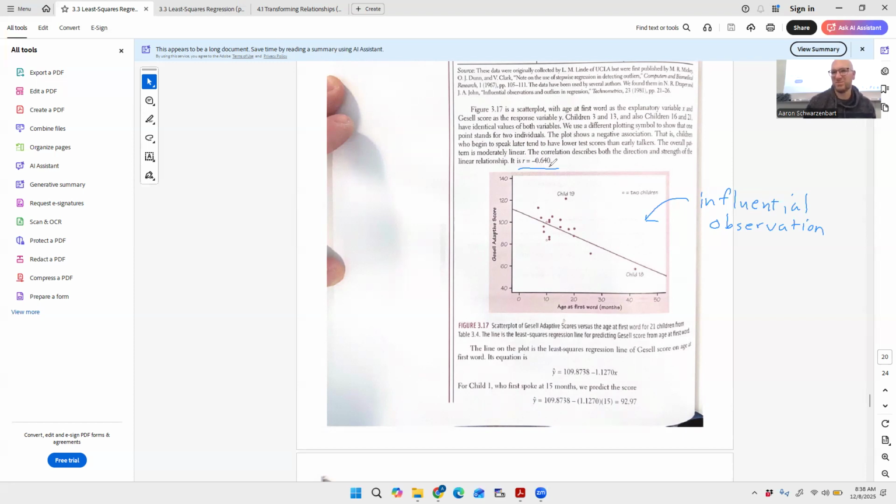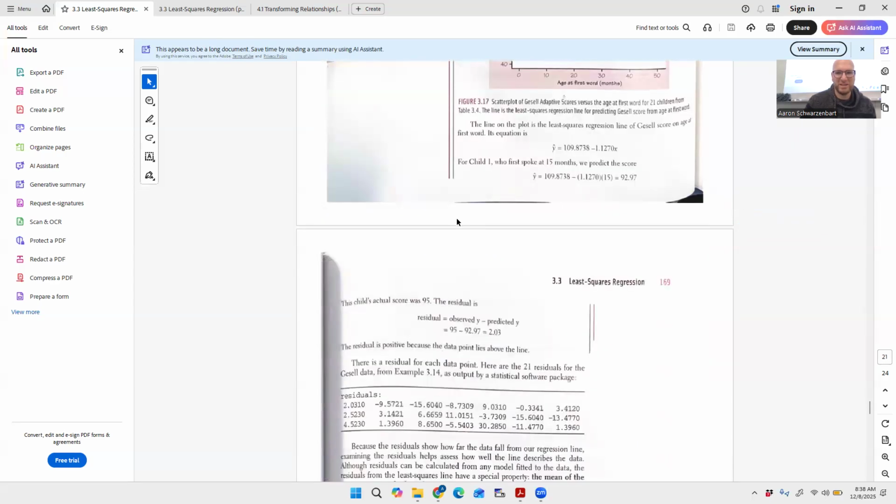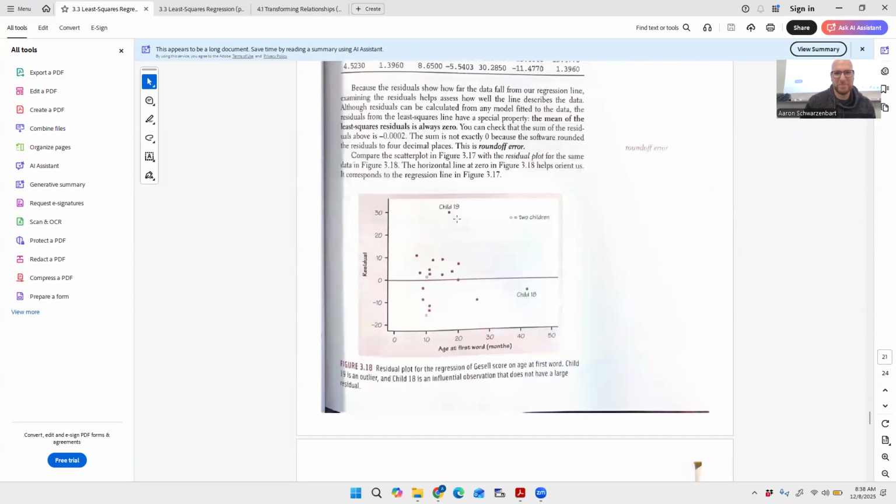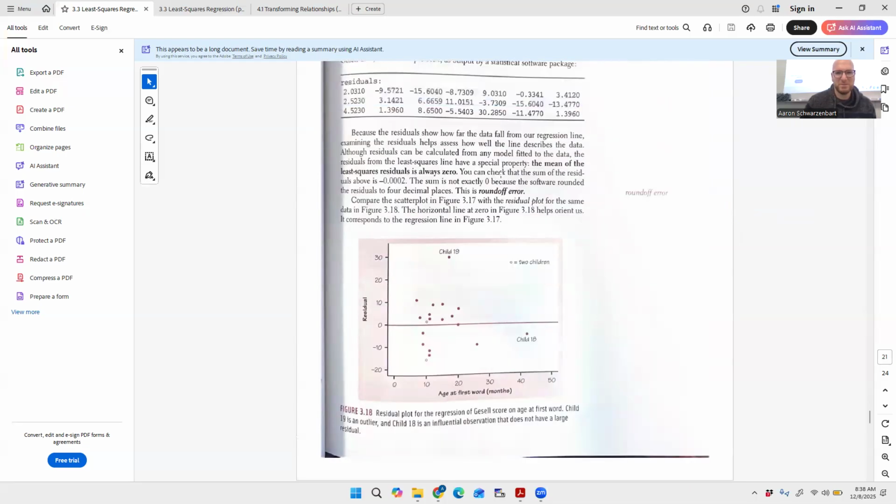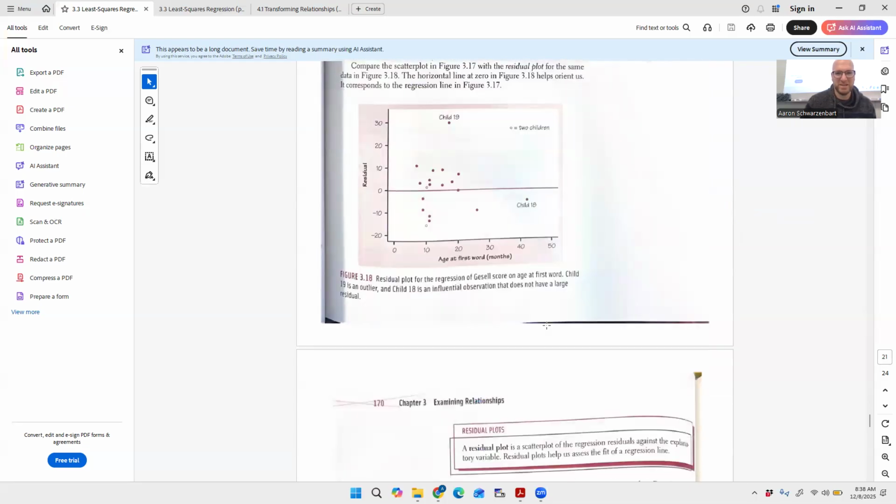That's not that bad. It's not great. If we take out observation 18, which is not speaking till 40 months, like 42 months, that probably means they have some sort of developmental disability, right? So we take out that kid. We just remove them from the data.